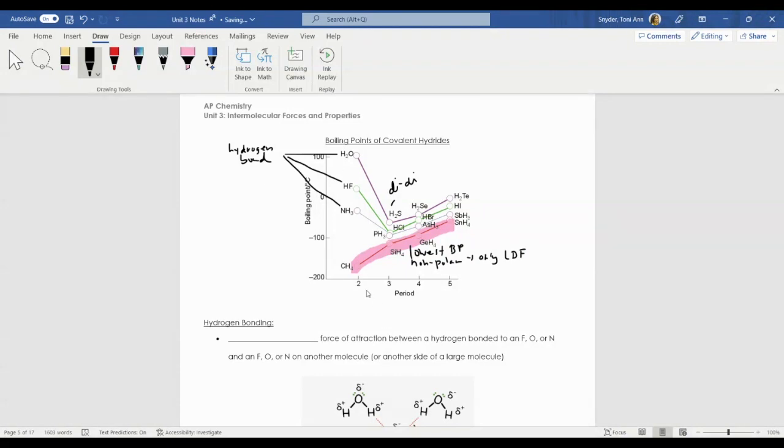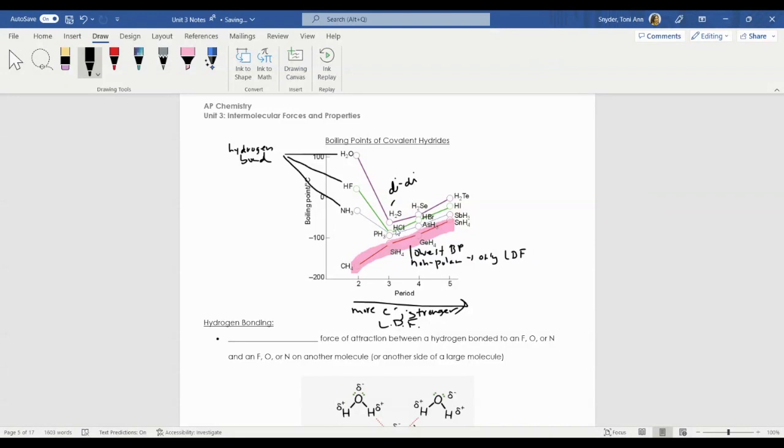And of course, as I go across the period trend, this is true for all of them because these have more electrons. More electrons means I have stronger London dispersion forces.